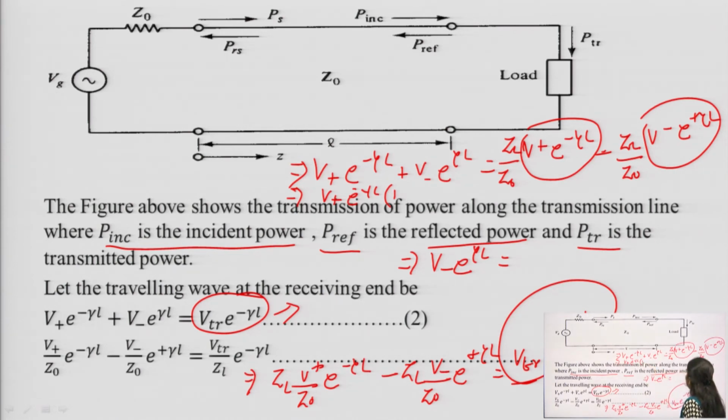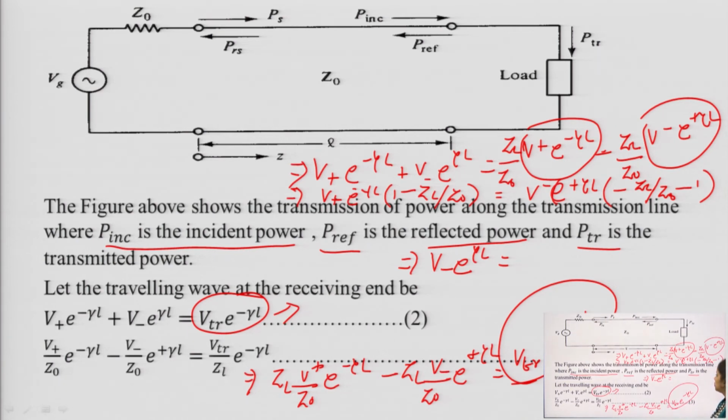We have 1 plus 1, and here when it comes to the LHS it will be minus ZL upon Z naught, equal to V minus e to the power plus gamma L common here, minus ZL upon Z naught and again the minus 1 here.